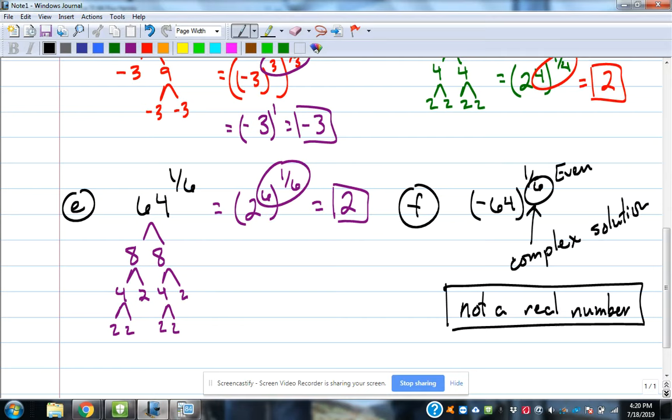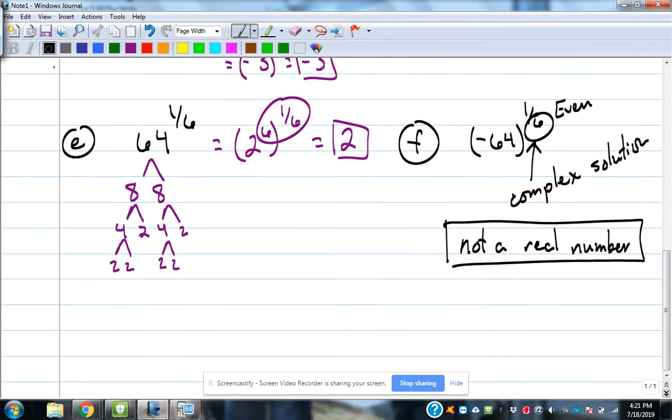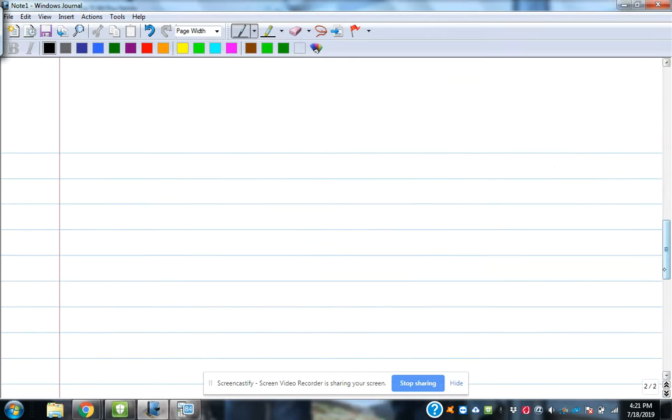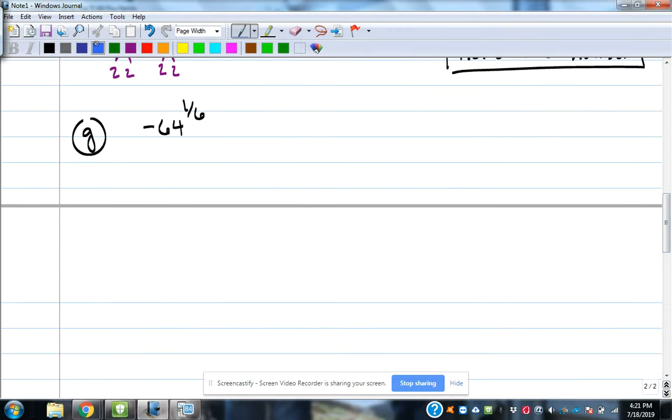Okay. So there's a problem that looks very similar to this problem, -64 to the 1/6. They look almost like the exact same problem, but they're not, because of the parentheses not being in example G. The parentheses not being there tells us that really what's happening is this is -1 times 64 to the 1/6.